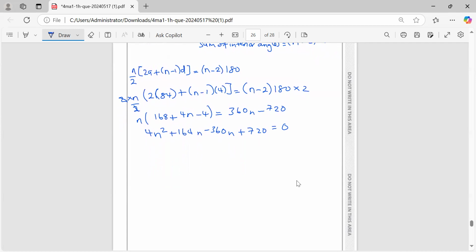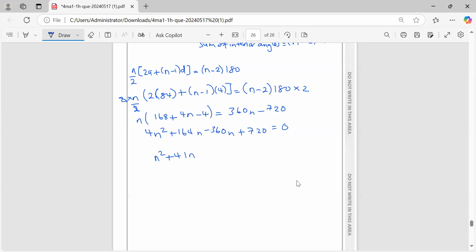Now I have, let me check if I can divide throughout by 4. If I divide 164 by 4, I'm going to get 41. So yeah, I think I can divide throughout by 4. If I divide throughout by 4, here I'm going to get n squared, right? 164 divided by 4, I get 41, so it's plus 41n, right?